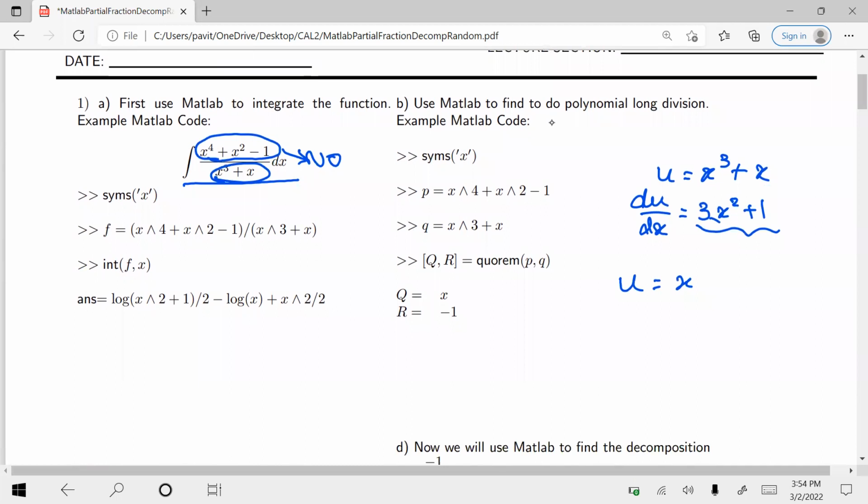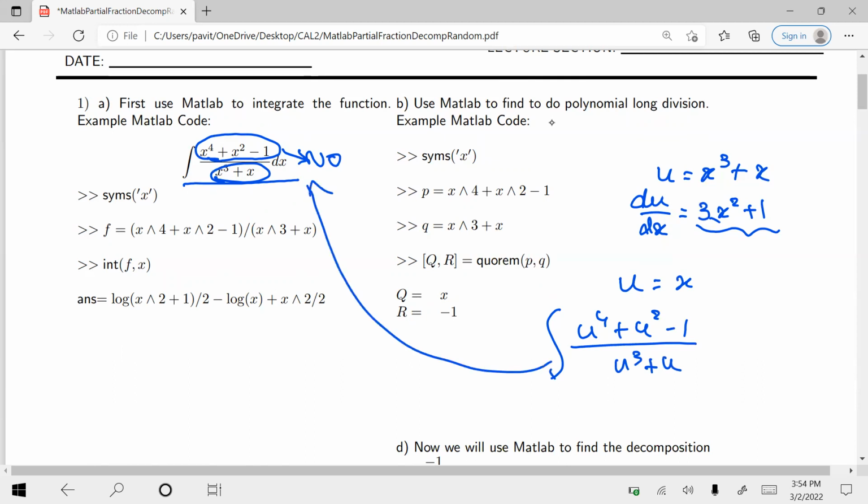Why? Let's say you take u as x, then you will just substitute u to the power of 4, u squared minus 1, u cubed plus u, right? It is nothing but the same division.